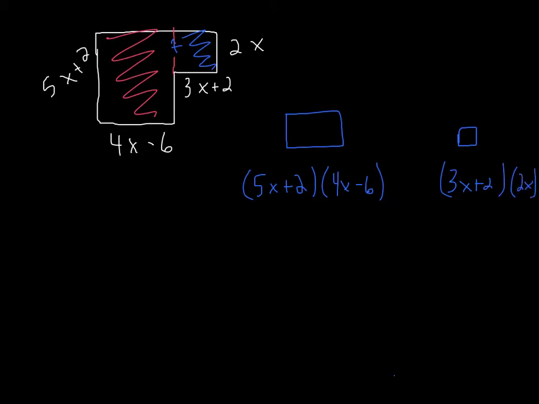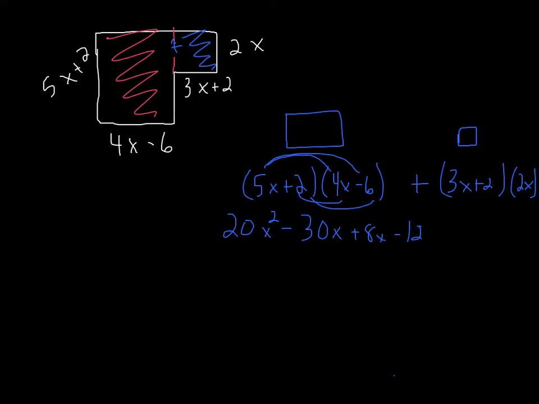When we get the answers to those, we're going to add them together. So let's start with the bigger one. 5x times 4x gives you 20x squared. 5x times negative 6 gives you negative 30x. 2 times 4x gives you 8x. And 2 times negative 6 gives you negative 12.